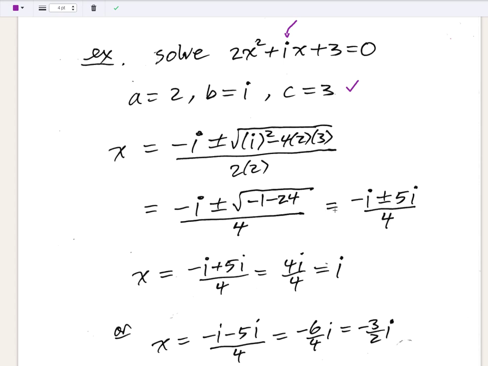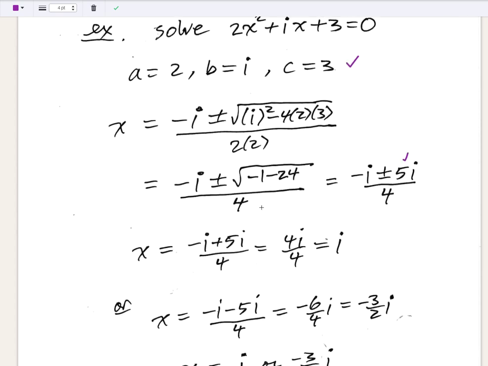So that's negative i plus or minus the square root of negative 25. The square root of negative 25 is 5i, because the square root of 25 is 5. So don't forget your i there, because it's actually the square root of negative 25. Now I've got two solutions.